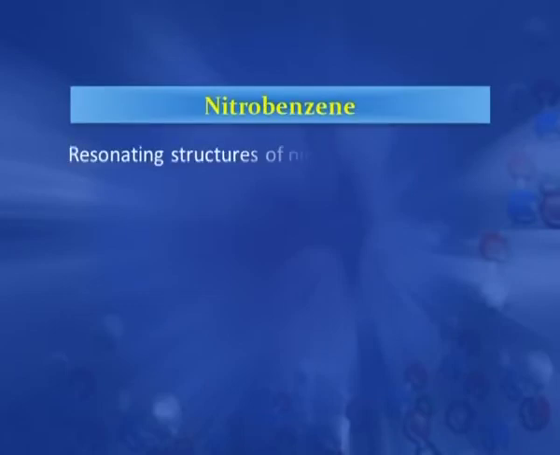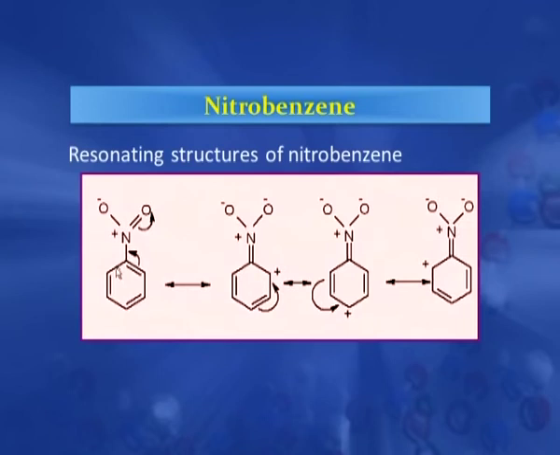Now, the next case is nitrobenzene. Here the nitro group is attached to the benzene ring. If we see the resonating structures of nitrobenzene, we see the nitro group withdraws electrons from the benzene ring, due to which a positive charge comes on ortho and para positions. So, the nitro group is electron withdrawing, it decreases the reactivity of the benzene ring towards electrophilic substitution reactions, and positive charge is coming on ortho and para.